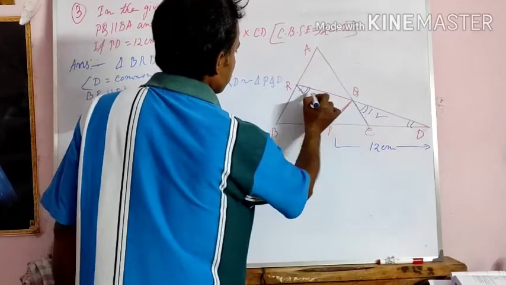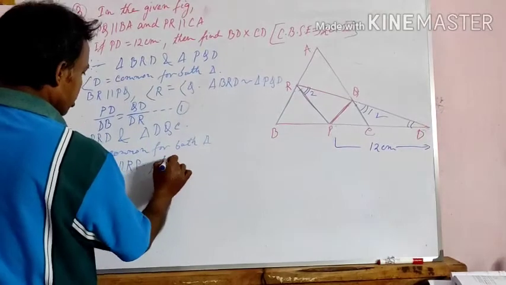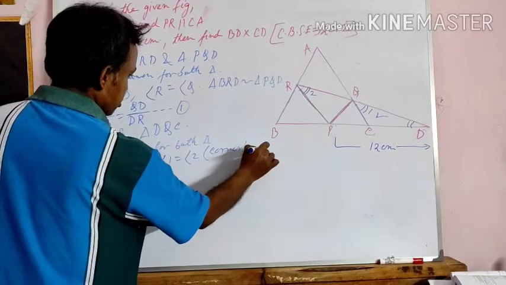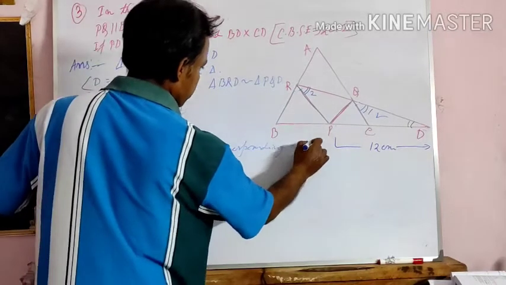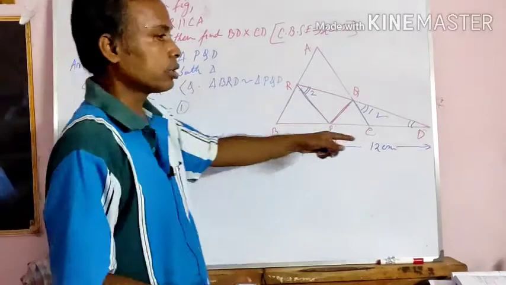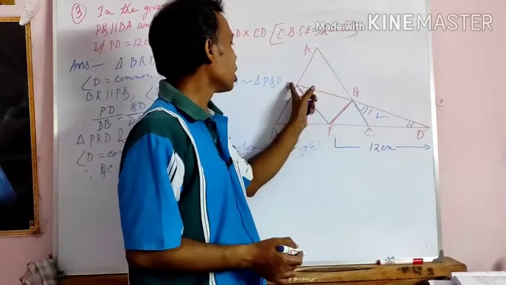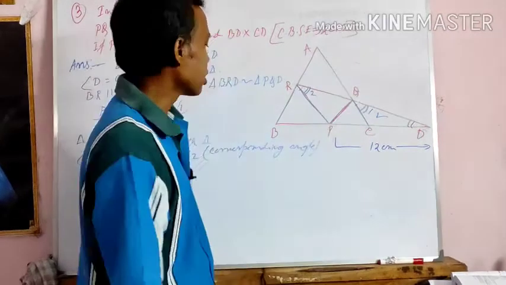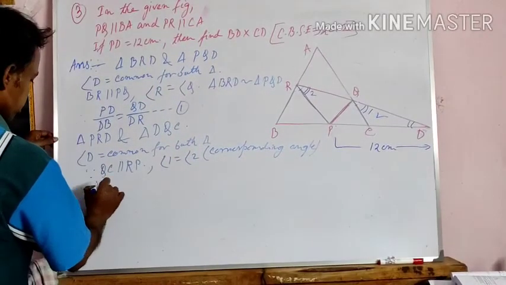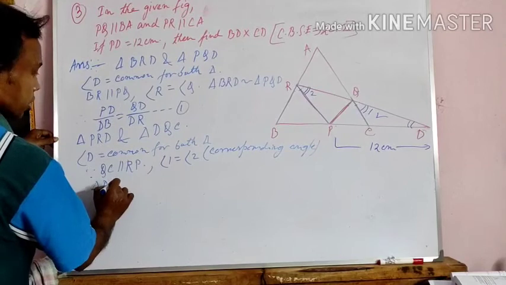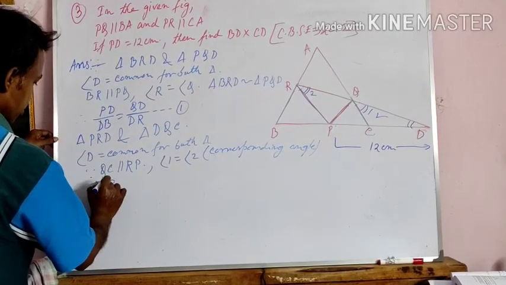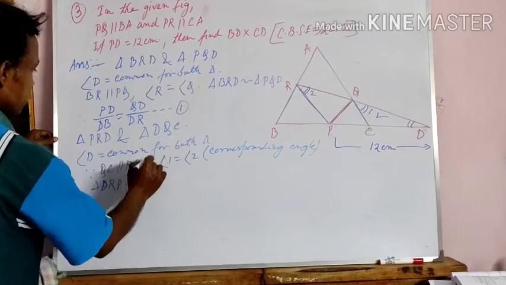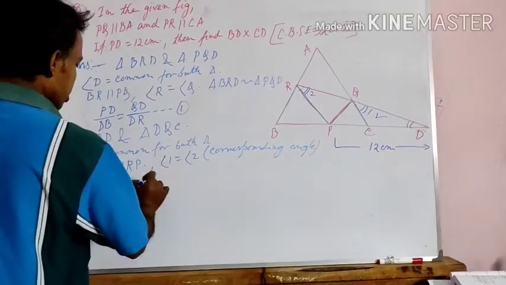Suppose this is 1 and this is 2, therefore angle 1 is equal to angle 2, corresponding angles. So in the two triangles DQC and DRP, D is common, angle 1 is equal to 2, therefore the two triangles are similar. Triangle DRP is similar to DQC.